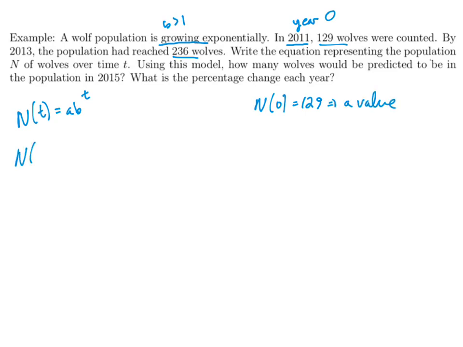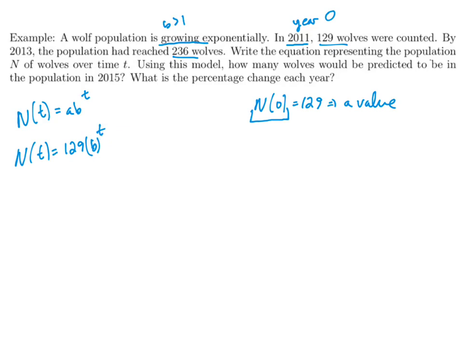So n of t is equal to 129b to the t. And the reason that a is our initial value, well, this is saying when we input 0, we get 129. If I input 0 into the exponent, b raised to the 0 power is equal to 1, and so 1 times 129 gives us 129. So the initial value is just when we have an input value of 0.